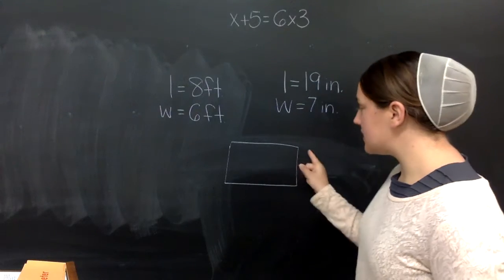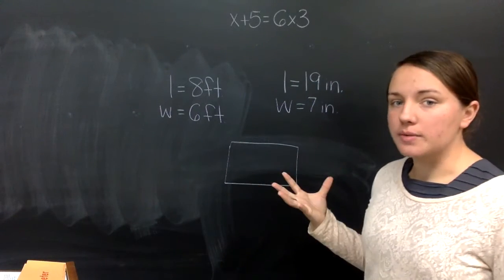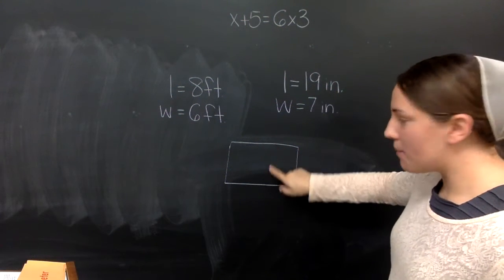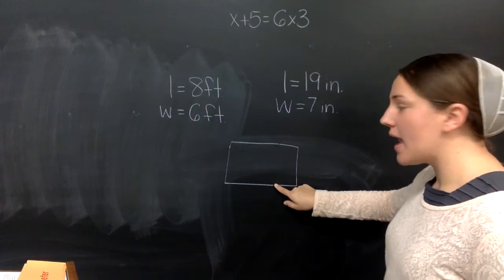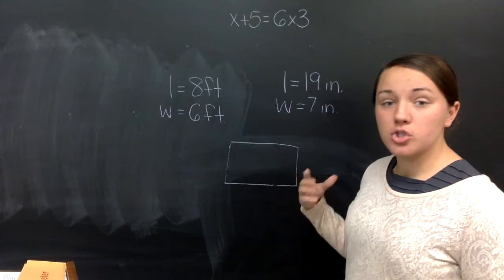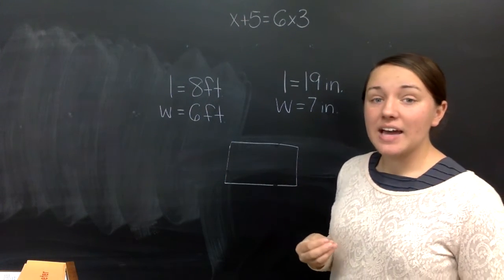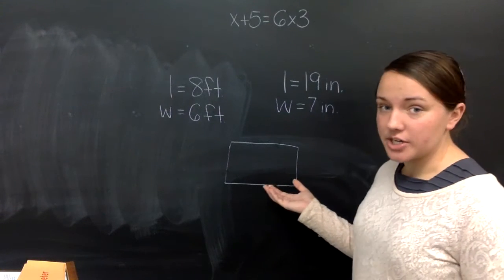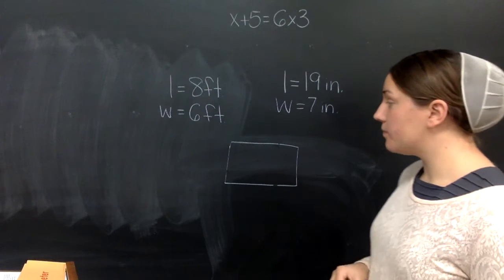To find the distance around, or to find the perimeter, we can just take the length of one side and multiply it by 2 because there's 2 of them. And we can take the width of one side and multiply it by 2 because there's 2 of them as well. Then we just add them together. And that gives us the perimeter of our rectangle.